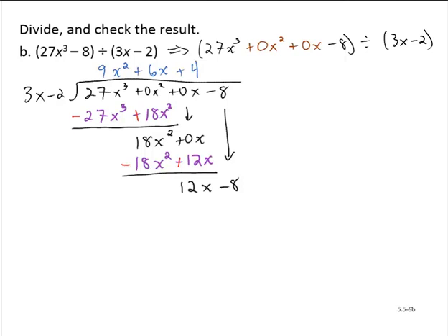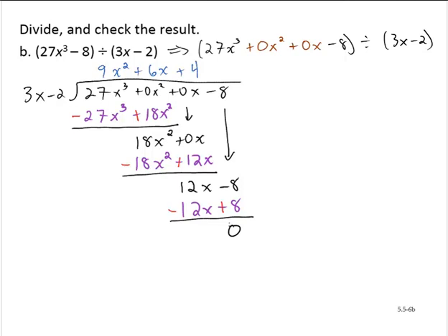Multiplying back yields 12x minus 8, subtracting by changing signs and combining like terms yields a remainder of 0.